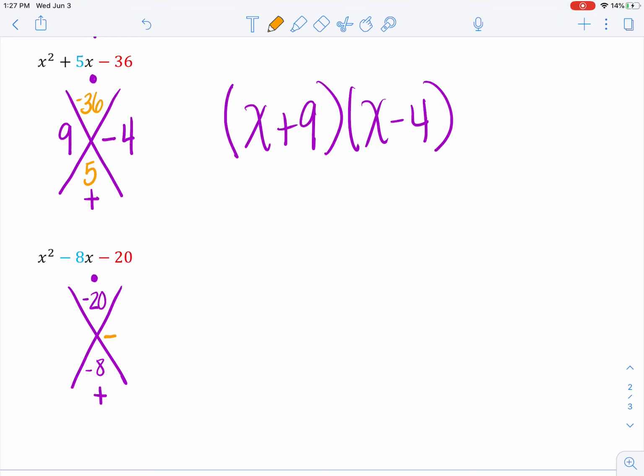So I have 1 and 20. No. 2 and 10. Do 2 and 10 give me a difference of 8? Yes, they do. So now it becomes which one is positive, which one is negative. So if I need to add to a negative 8, that means my 10 has to be negative. And don't forget to write your factors, x minus 10, x plus 2.